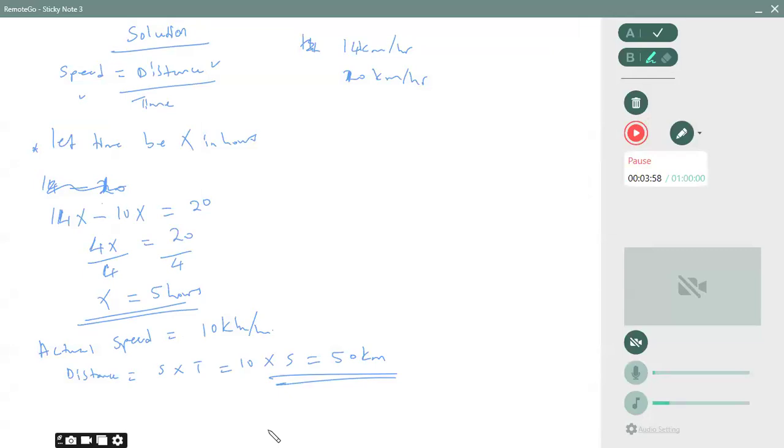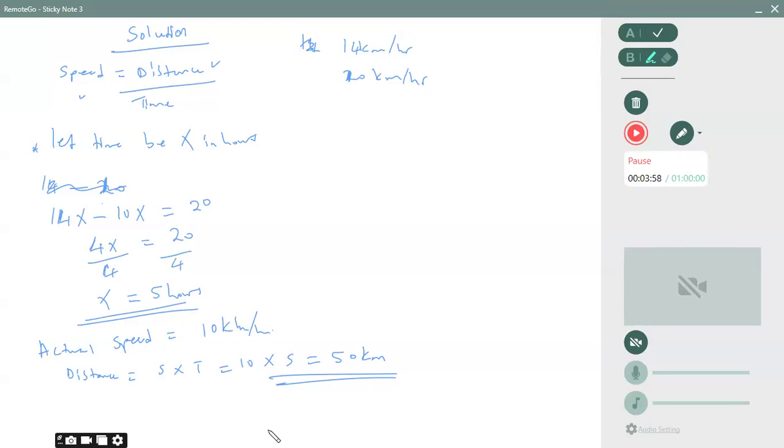Andrew, I'm sorry to take you back a bit, but how do we consider X to be in hours? Why do we consider X to be in time, yet we are making a difference in speeds? You see, it's 14 kilometers per hour and 10 kilometers per hour.